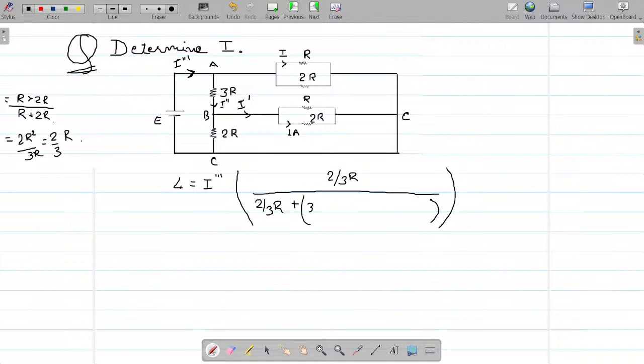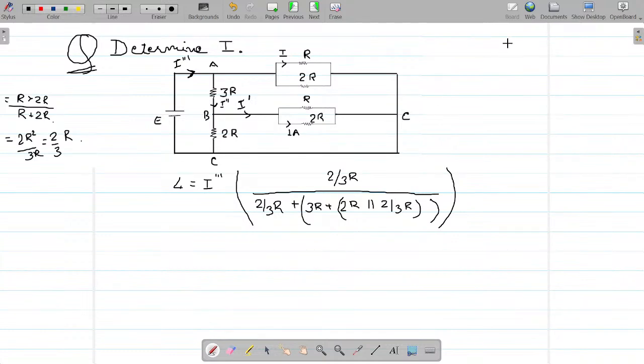Can I write it to be 3R plus, look closely, 2R parallel to 2R parallel to 2 by 3R. Is it right? Till now, do you follow? I am solving this part for you here.